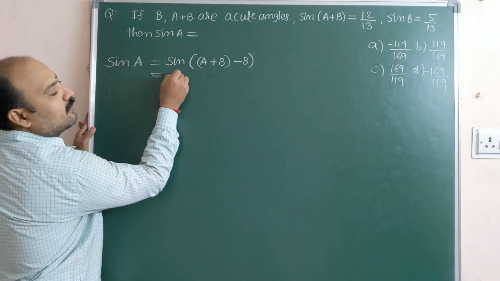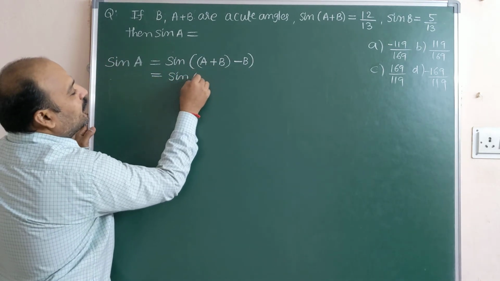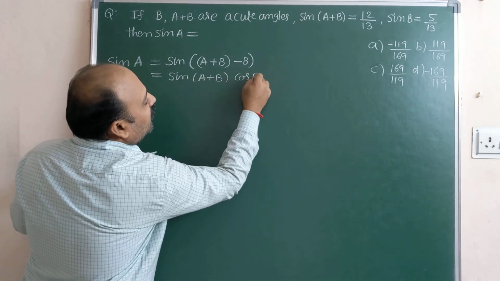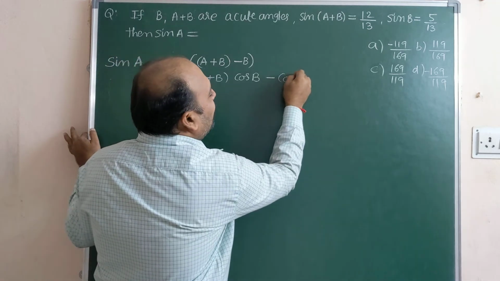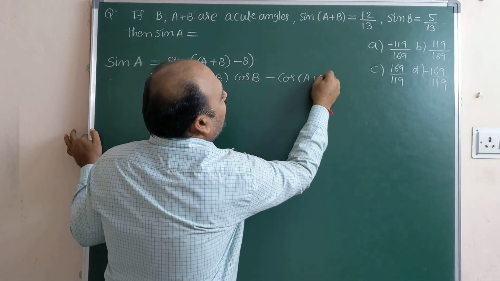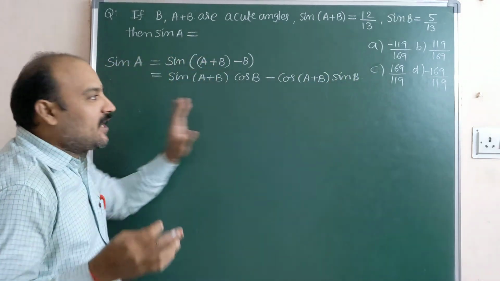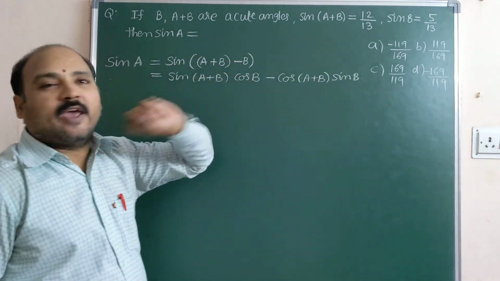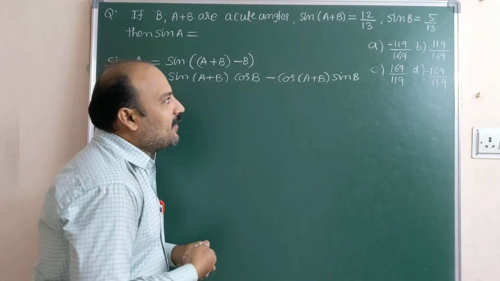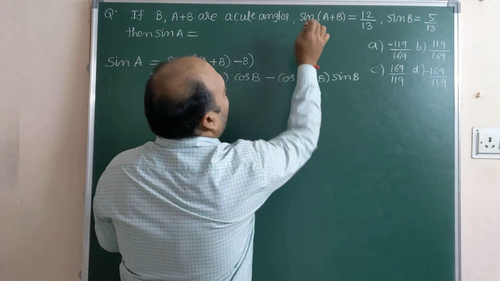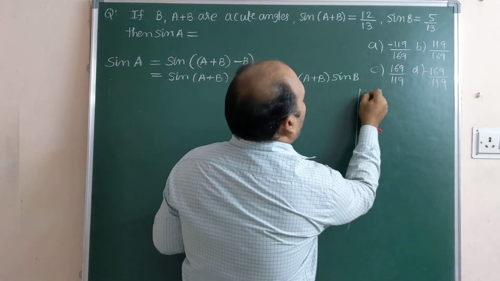Using the sine of (A − B) formula, sine A equals sine (A + B) into cos B minus cos (A + B) into sine B. In this, sine B and sine (A + B) values we have, so cos (A + B) and cos B you can calculate. Roughly I am calculating.